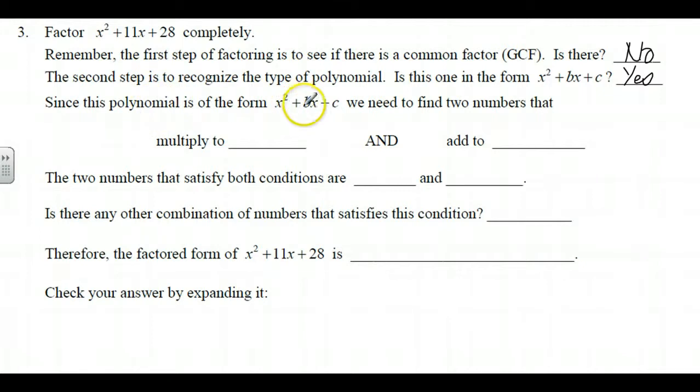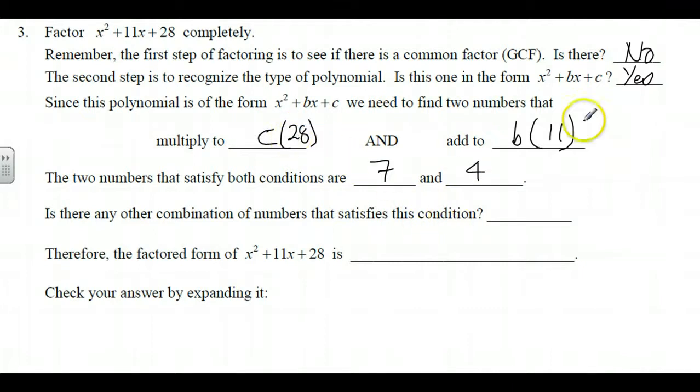Since this polynomial is of the form x squared plus bx plus c, we need to find two numbers that multiply to c and add to b, which in this case is multiply to 28 and add to 11. So the two numbers are 7 and 4. Is there any other combination?